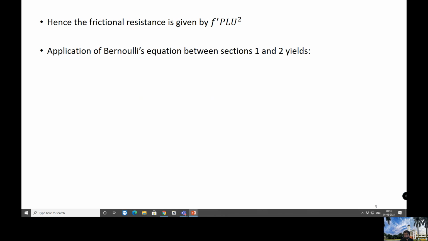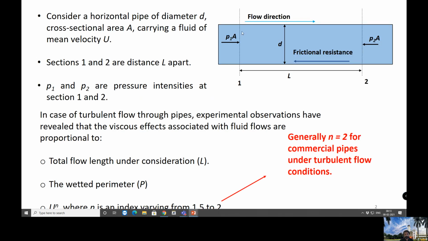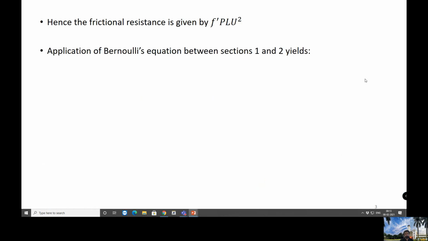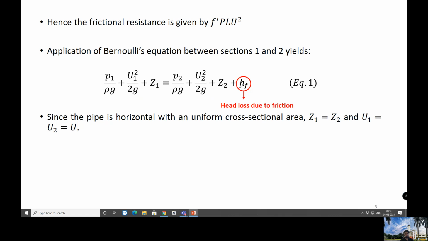If we apply Bernoulli's equation between sections 1 and 2, we can simply write P1 by rho g plus U1 square by 2g plus Z1 is equal to P2 by rho g plus U2 square by 2g plus Z2 plus HF. So HF is the head loss due to friction.